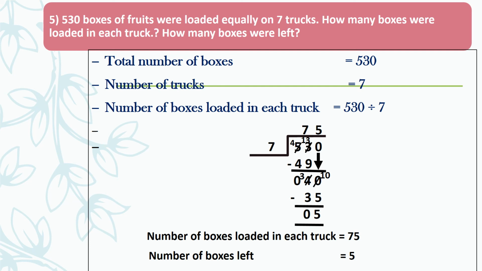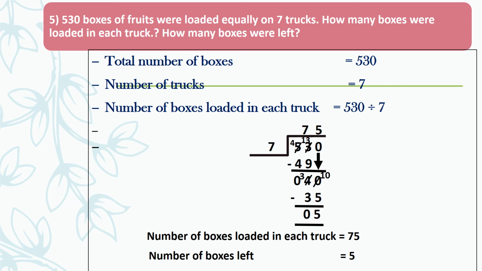Next step, bring down the 0 which is on top, so the number becomes 40. Now you again divide this 40 by 7. So what would be the closest one? 7 5s are 35. As 7 6s are 42, it is bigger than 40. We take 7 5s are 35. Then again subtract 40 minus 35.